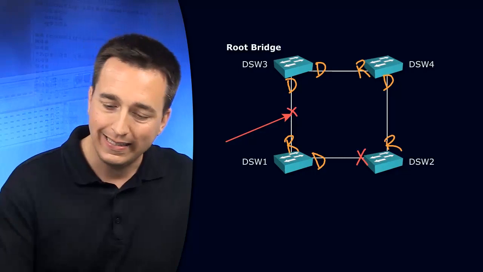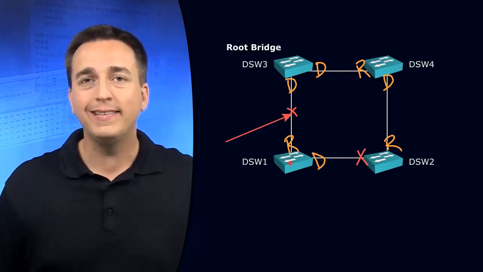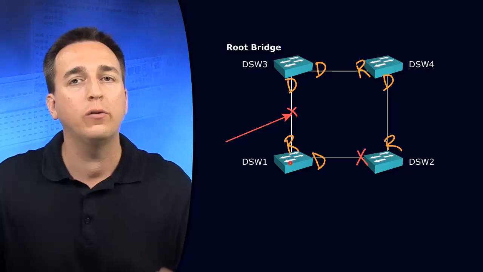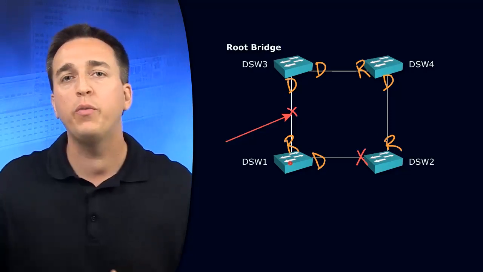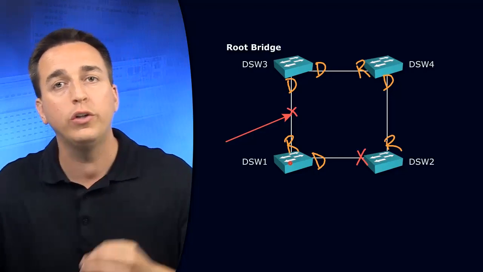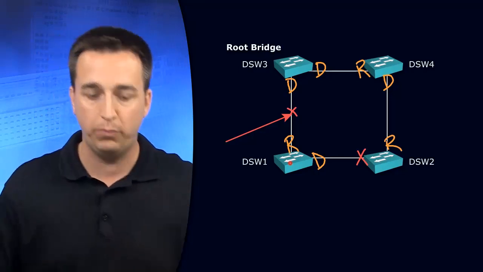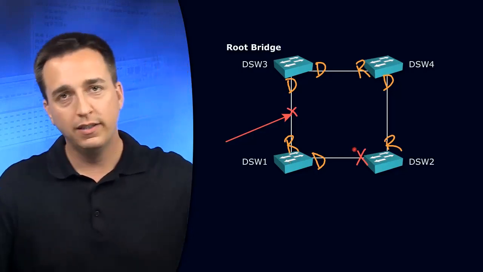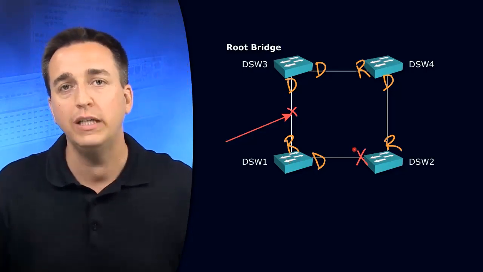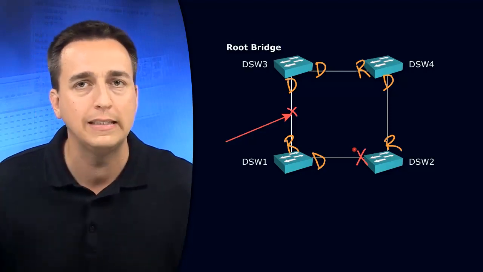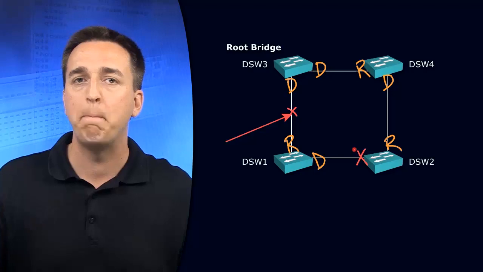However, DSW1 is now no longer receiving the BPDUs from the root bridge. And as a result, DSW2 will not receive those original BPDUs inbound on this interface about who the root bridge is. Therefore, this port, which is currently in the blocking state, will have to transition at some point.